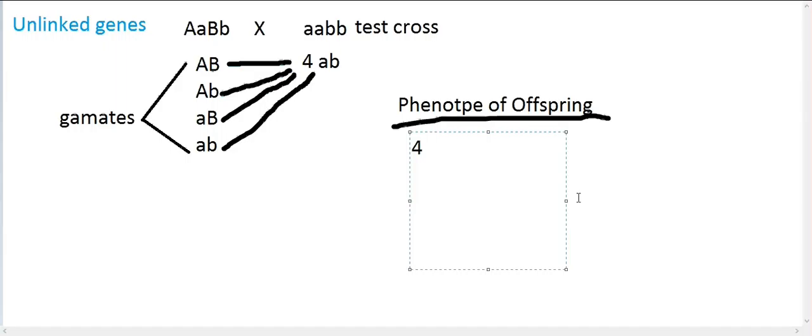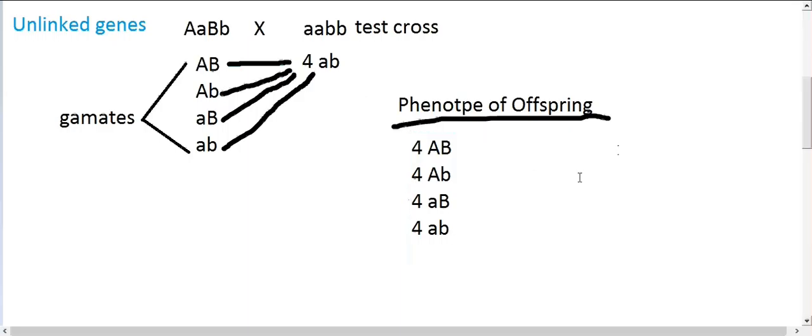So you're going to have 4 AB, 4 big A small b, 4 small a big B, and 4 small a small b. So you can see how they are very similar to the gametes produced by this parent.